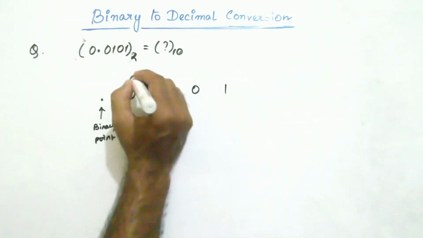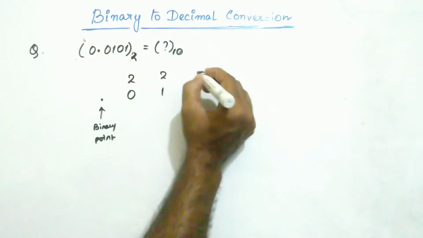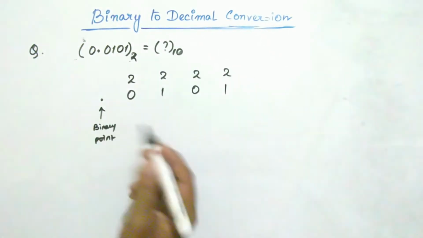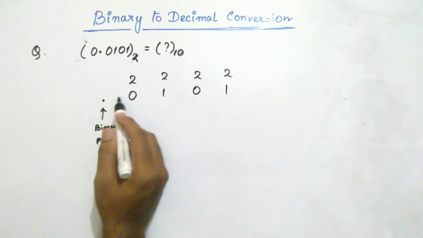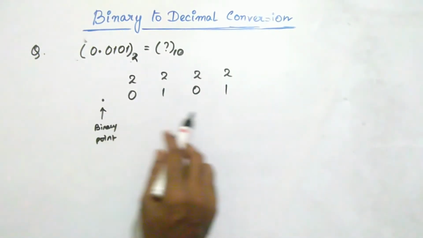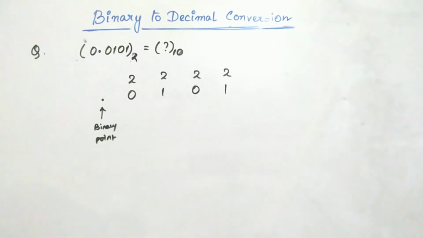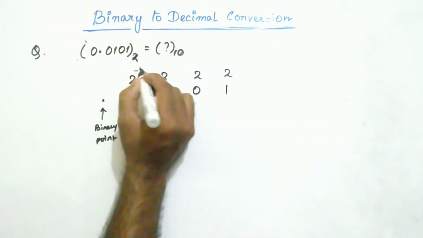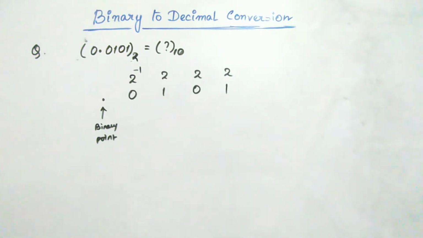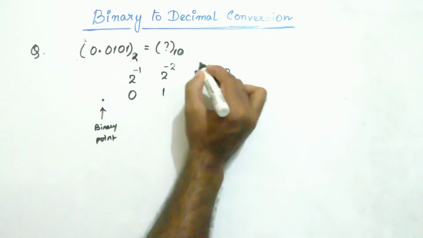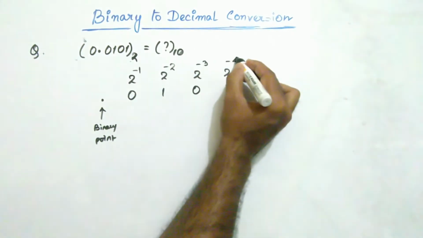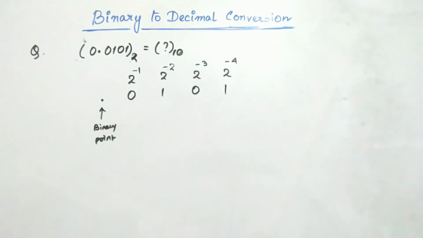Since all are in binary, we are writing 2 here, and to give the positional weightage, from the binary point we move towards the right hand side and the power becomes negative. So this one is -1, this one is -2, -3, -4. The farther we move, the more negative it becomes.